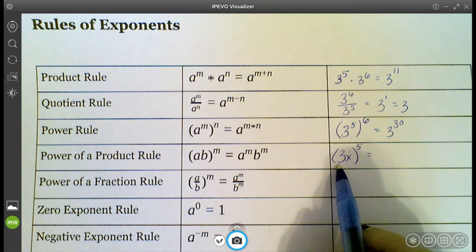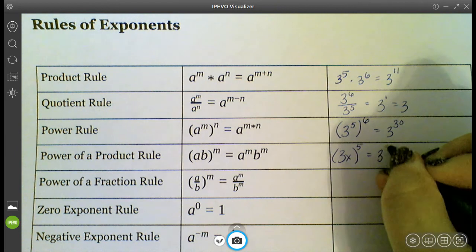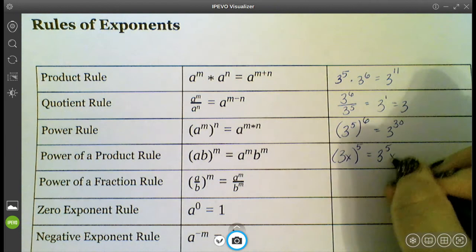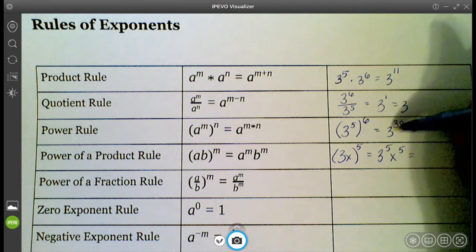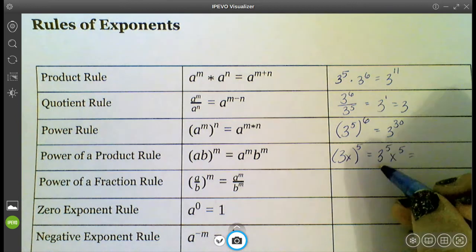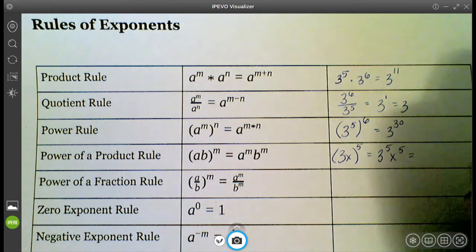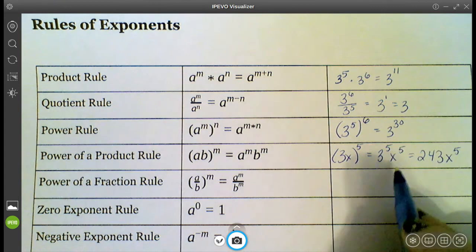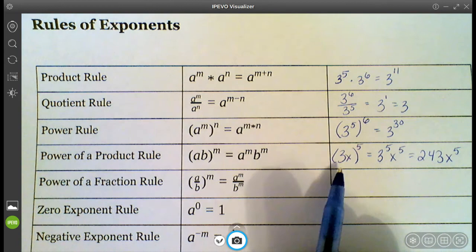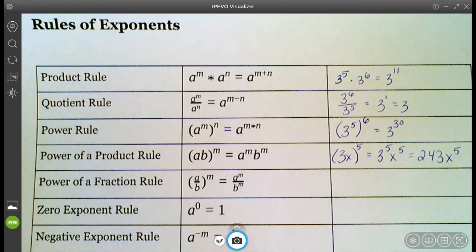So we have to take 3 to the 5th power as well as x to the 5th power. Now in this one, I'm going to take 3 to the 5th power is 243, and then x to the 5th power. So again, both pieces here need to go to the exponent.